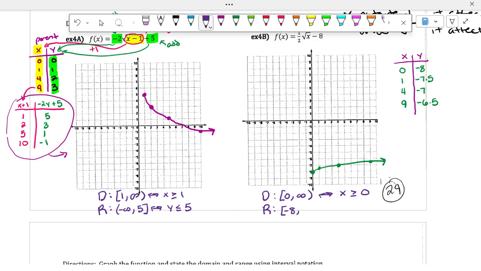Infinity. Infinity. Guys, you gotta know how to do this. It's gonna haunt you in Math 3 too. So you gotta start at the leftmost for domain, go to the rightmost. If you see an arrow, it goes to infinity. All right. Same thing with range. Start at the bottommost, go to the topmost. You gotta know how to do this.